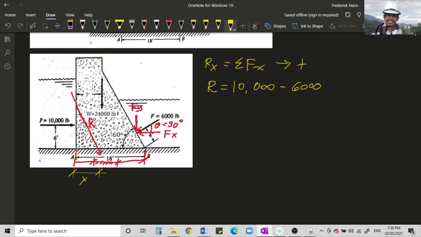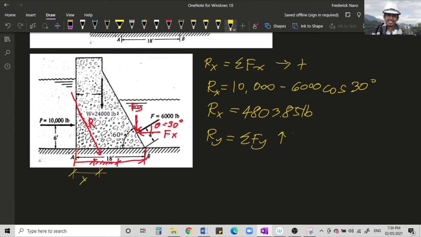So cosine yung gagamitin natin. Cosine 30 degrees. Okay? So yun na yung force F natin. So yung Rx natin, so this is Rx. Rx will be 4,803.85 pounds. Okay? And for Ry naman, summation of forces along Y, going up is positive. Okay?